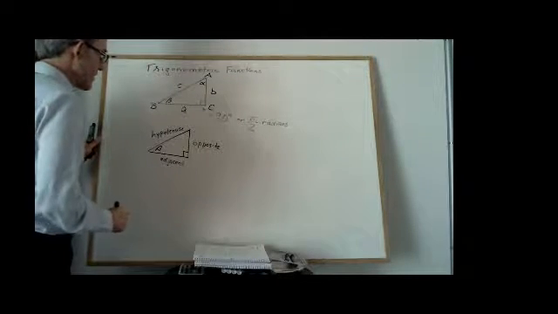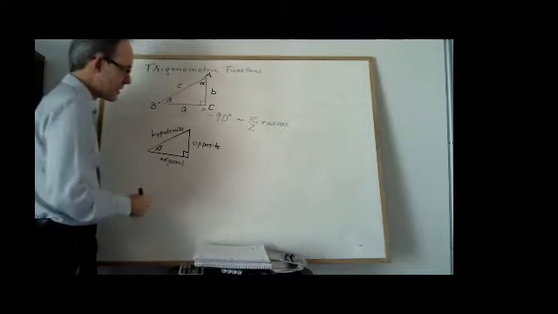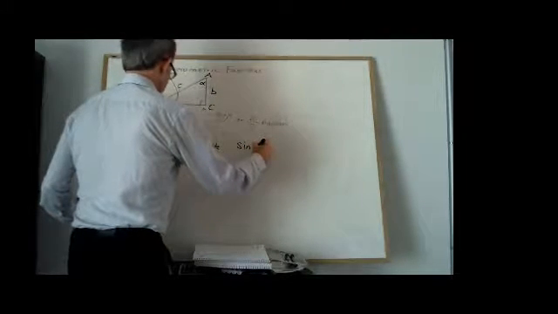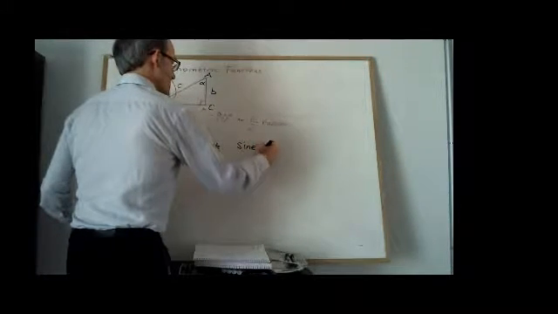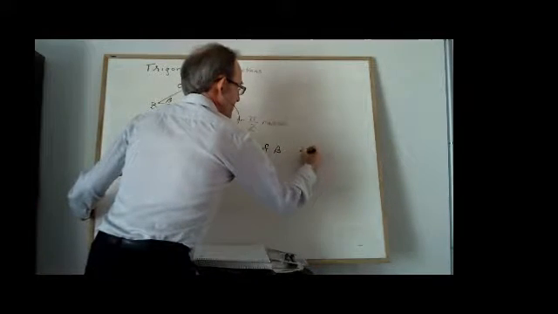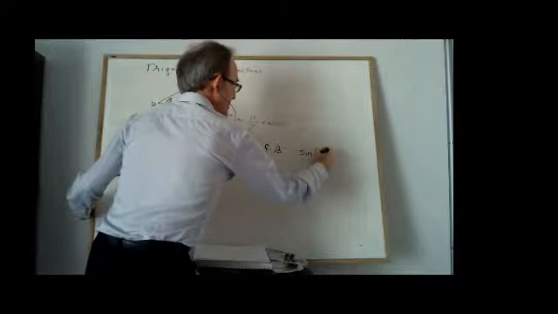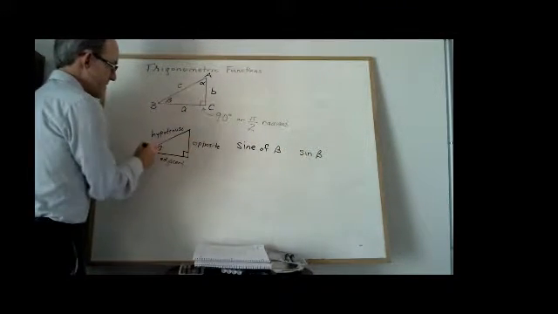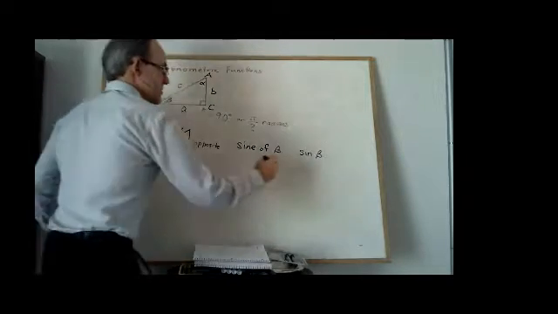Okay, so now we can define the sine of beta, which I will abbreviate sin beta, is defined as the opposite over the hypotenuse.